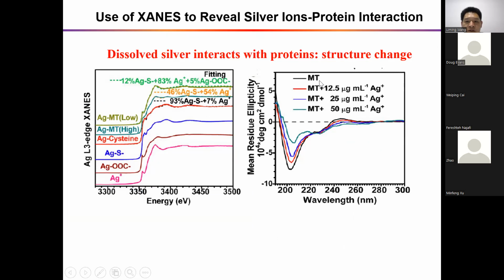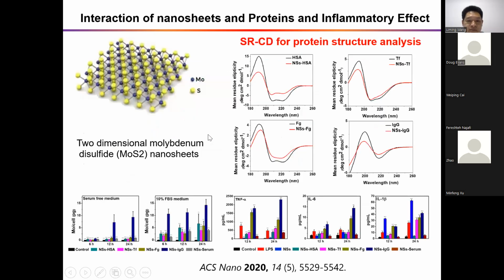The MT is a protein that can interact with metal ions, quenching the ions via their cysteine amino acids. Using a similar method, we use the SRCD, and thus we can detect how the protein changes its structure and show the binding sites of the proteins.